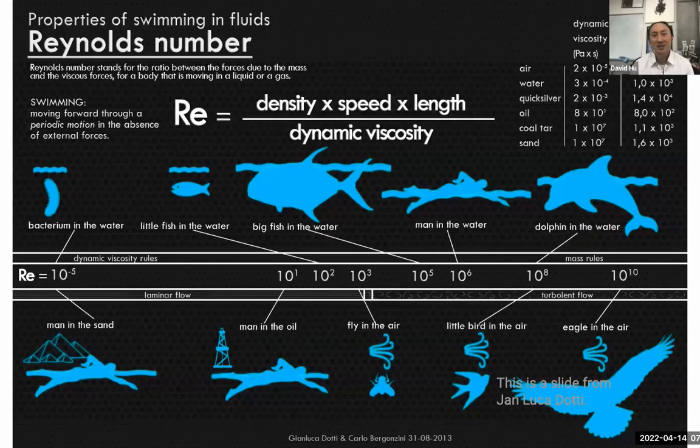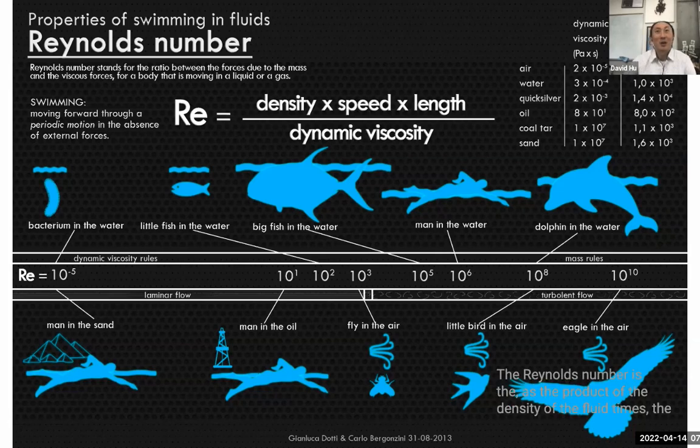This is a slide from Gianluca Dotti. The Reynolds number is the product of the density of the fluid times the speed of your appendage times the length of your appendage divided by a material parameter, which is the dynamic viscosity of water. So Reynolds numbers, air and water are quite different. Let's just talk about liquids.